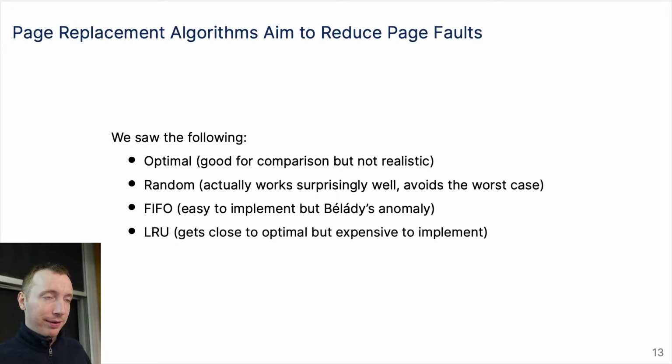It actually works surprisingly well. It's better than first in, first out because it avoids the worst case scenario. And then FIFO is easy to implement, but it has Belady's anomaly, which is really weird, where reducing the memory actually reduced the number of page faults. And there's that weird paper that says that's true. And then there was least recently used that gets close to optimal, but is easy to implement.